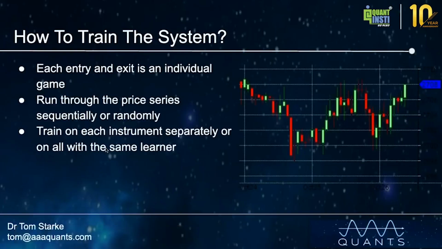So how do we train the system? First of all, when we start training a system like this, the system will just randomly make decisions. It won't know anything about what's happening at the beginning. So it makes a decision, for example, to enter a trade, and then it holds the trade for a while. At some point, it just makes a decision to exit the trade, and there's a reward at the end of this.